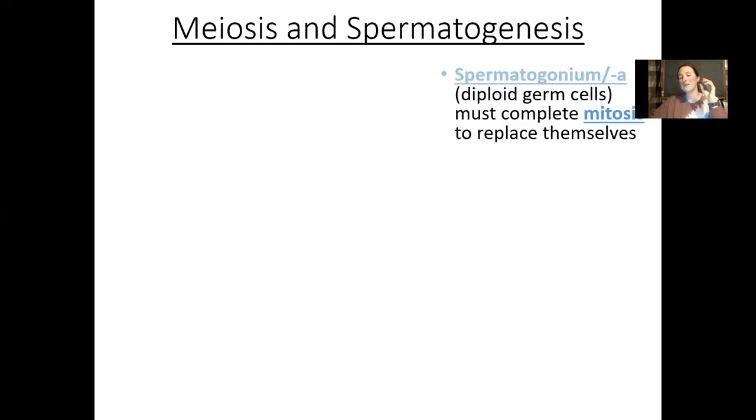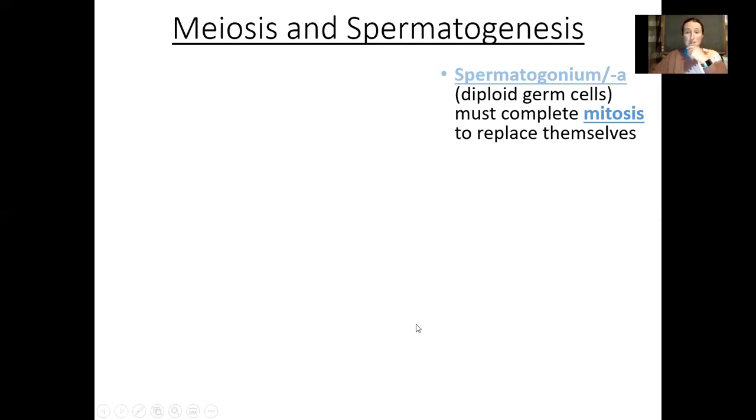This entire process is going to begin with a specialized type of cell called a spermatogonium, or spermatogonia in the plural. These cells are genetically identical to every other cell within the man's body, and they essentially provide a population of stem cells from which sperm are going to be derived.